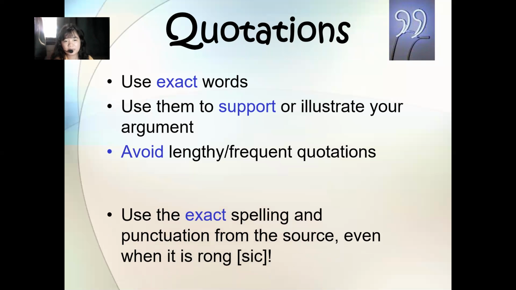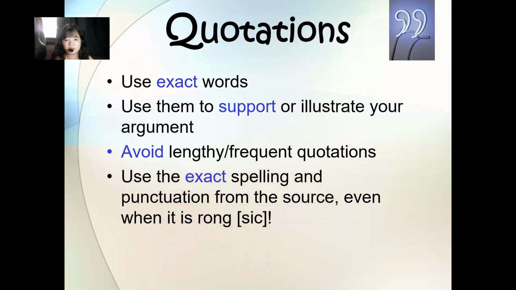Okay, use the exact spelling and punctuation from the source even if it is wrong. That is true, no? Even if the spelling is wrong, dili man pwede usbon ang gisulat sa author. Siguro technical error na siya, typo na guro na siya. So, for example, pag sulat ninyo, class, unya sayop ang spelling sa wrong, W-R-O-N-G, kulang siya og W. Pwede na mong butangan og side comment in a bracket to correct the spelling but never change the original word.